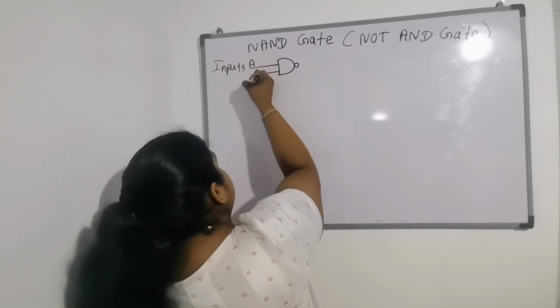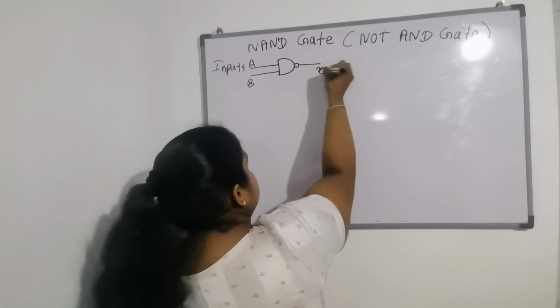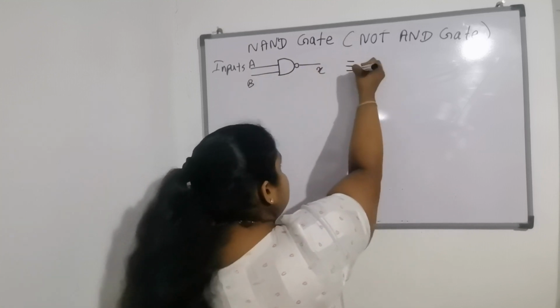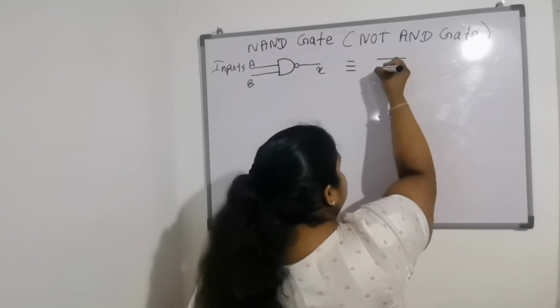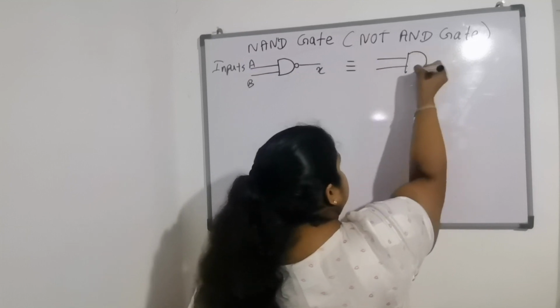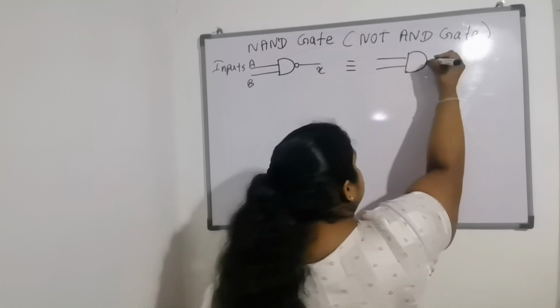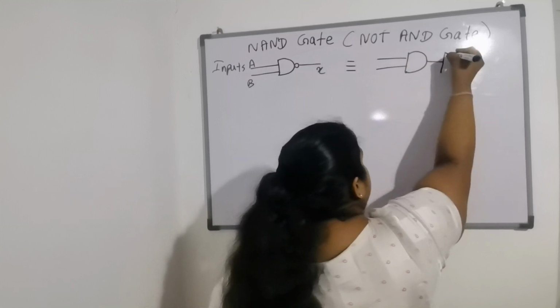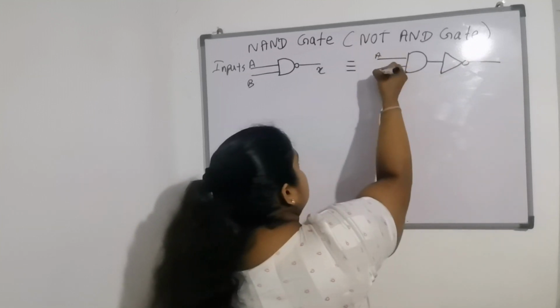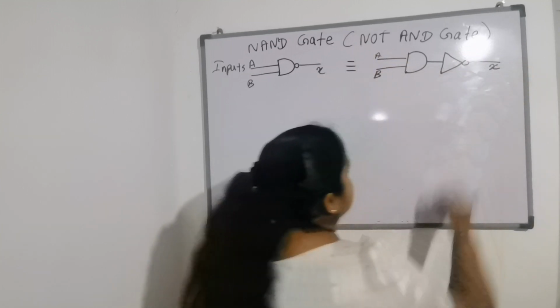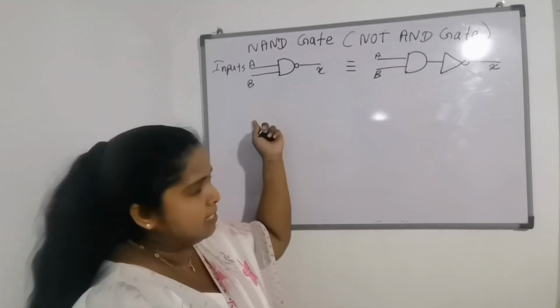I will name them A and B, and the output is X. This is exactly similar to this symbol, when you have an AND gate connected with a NOT gate, like this. A, B inputs, output X. This is the same as this.